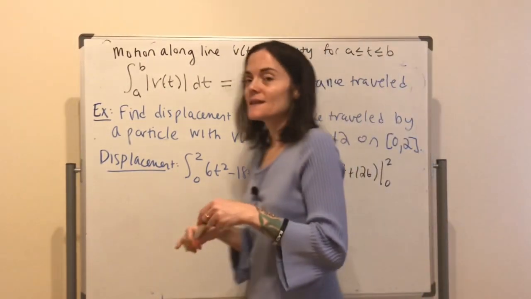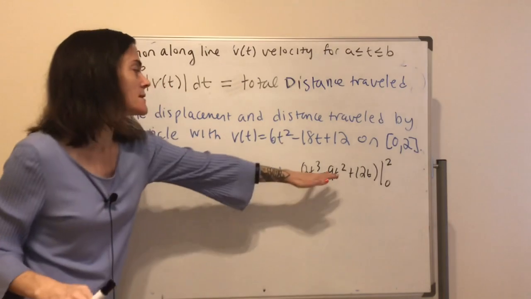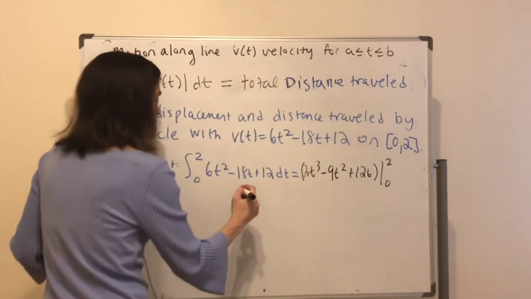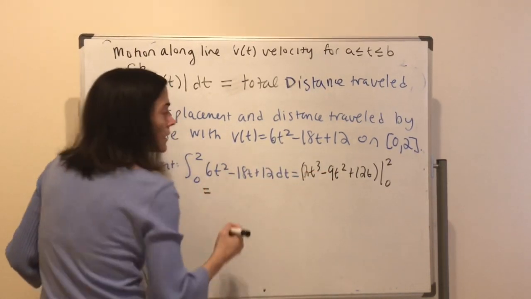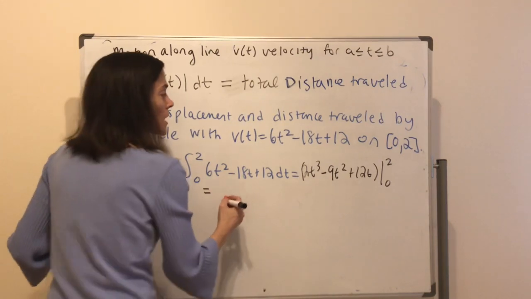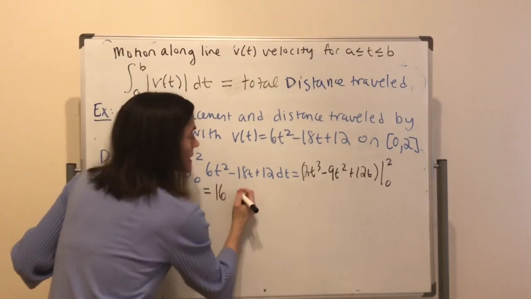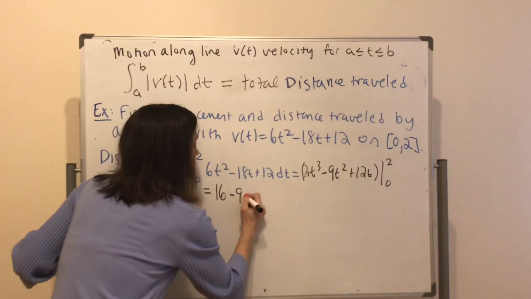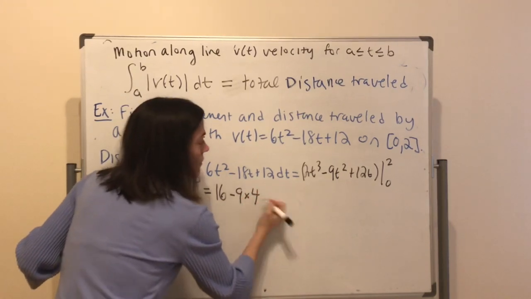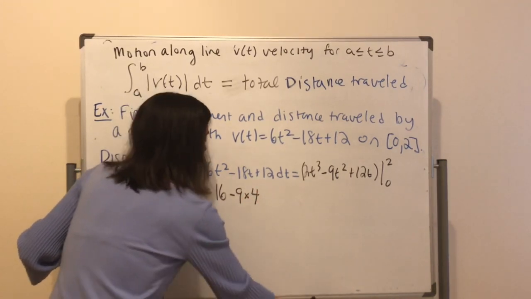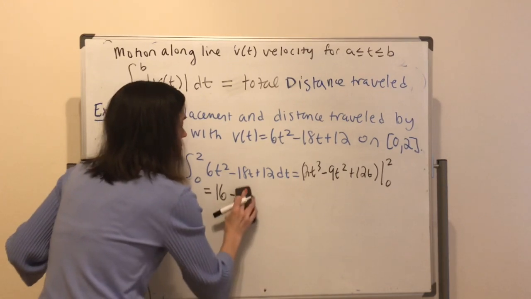Well, evaluating this function at 0, you see, is 0. And so when I evaluate at 2, I get 2 times 8, which is 16, minus 9 times 4. Well, maybe I'll write it. 9 times 4 is 36.